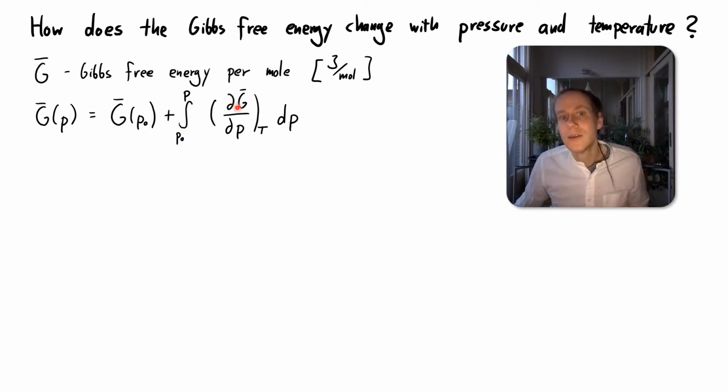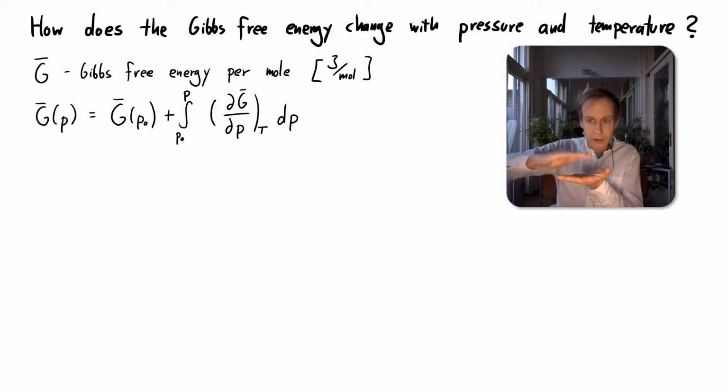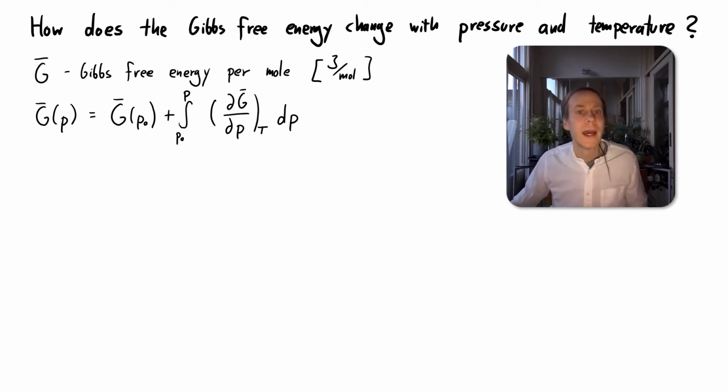You have delta G over delta P times dP. In principle, those delta P and dP cancel each other out each time, and then you only have delta G's. The integral adds all these little delta G's up and then adds them on top of this value of G at the known reference pressure P naught.